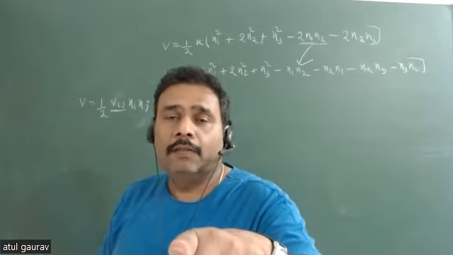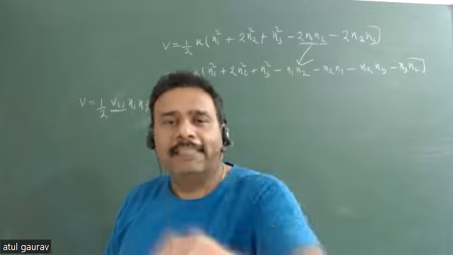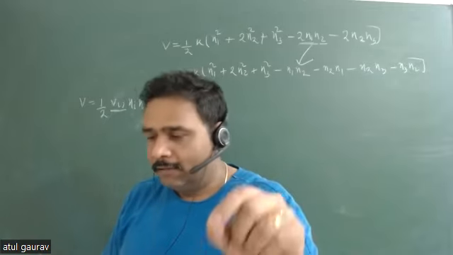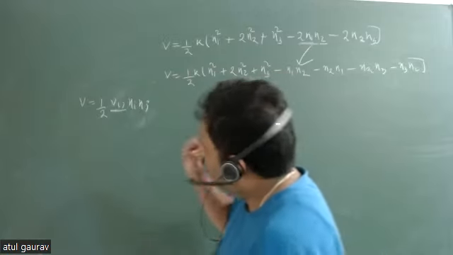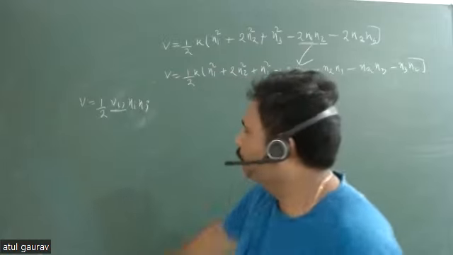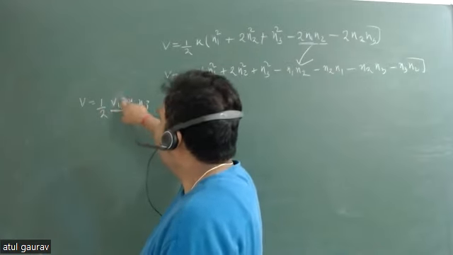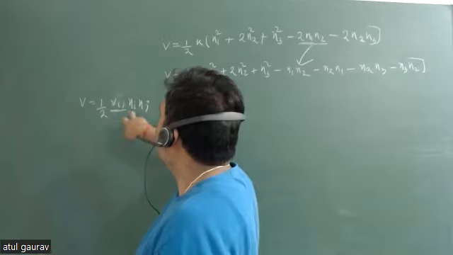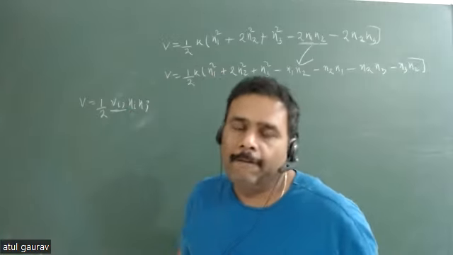Which matrix element? The i cross j, the ijth matrix element. Very good. So now look at my words very carefully. Can I say Vij is the coefficient of half eta i eta j? Correct me if I am wrong.